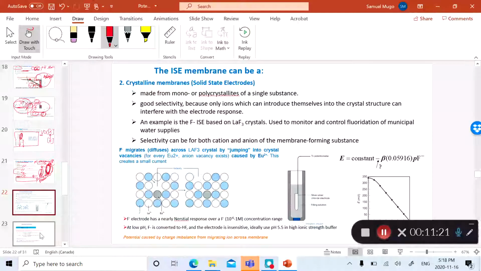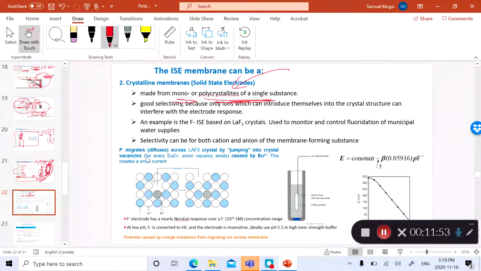So the next type of ion selective electrode, other than the glass membrane, is what you refer to as crystalline membranes, and sometimes they call these the solid state electrodes. A very common example is the fluoride ion selective electrode. Solid state electrodes are based on the use of a solid crystal, or polycrystallites or even monocrystallites.